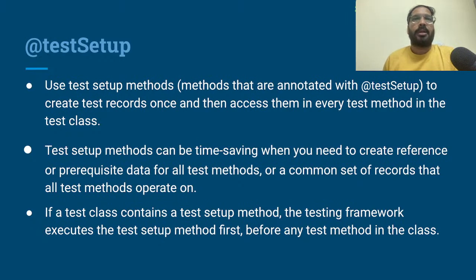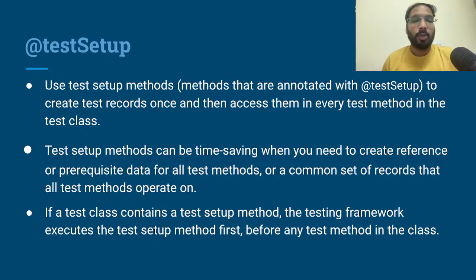In yesterday's session, in each method we implemented code to create some data. With @test setup, you can create your data commonly in one method, and then just query that created data in different test methods.